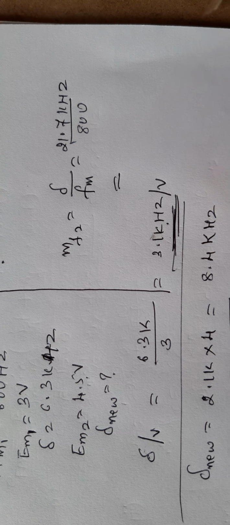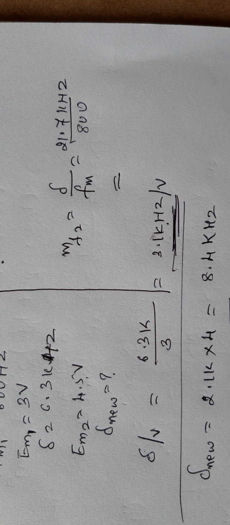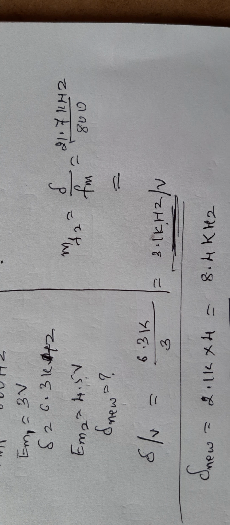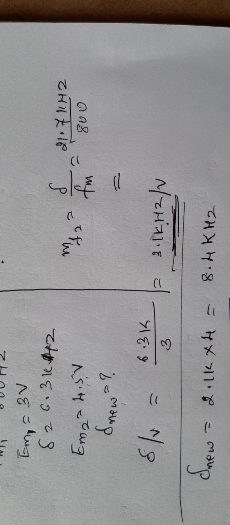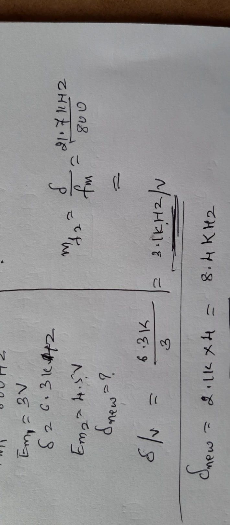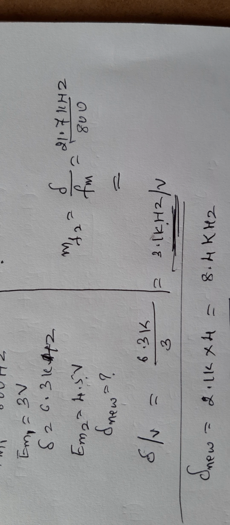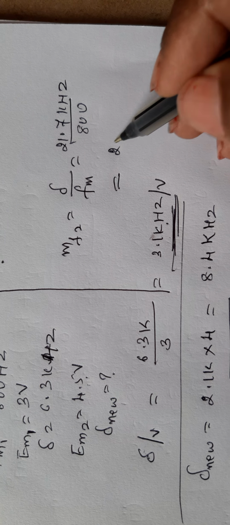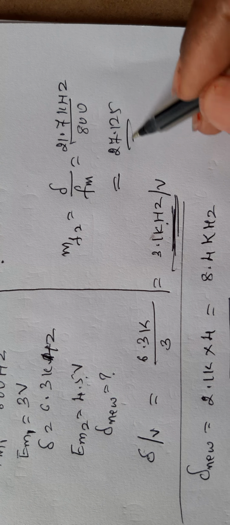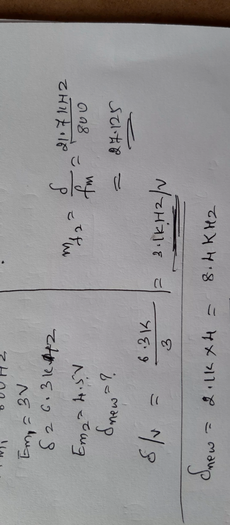On calculating this, you will get 21700 divided by 800 is equal to 27.125. 27.125 is the modulation index.